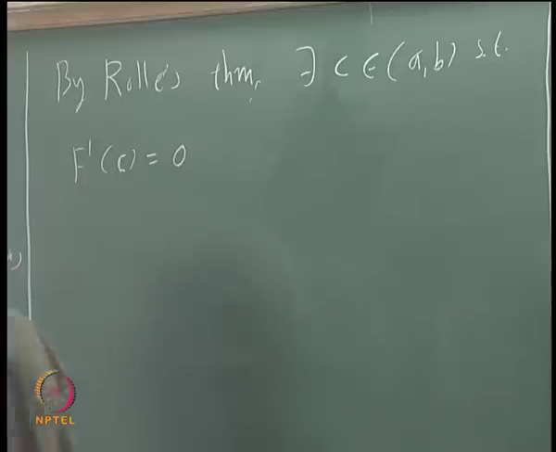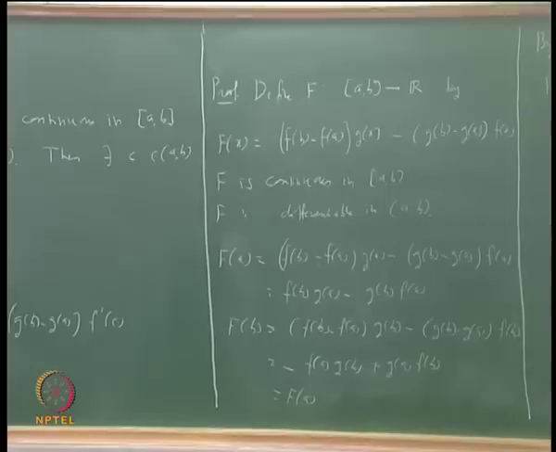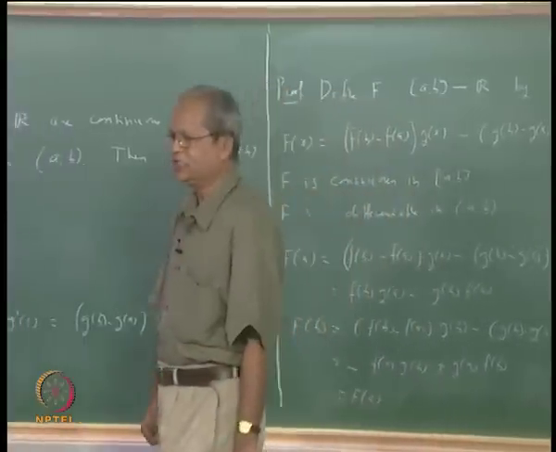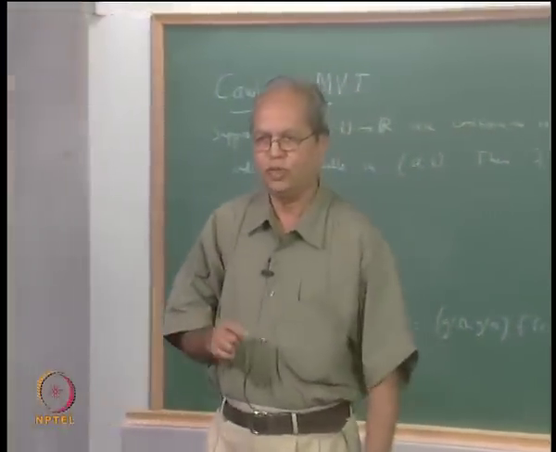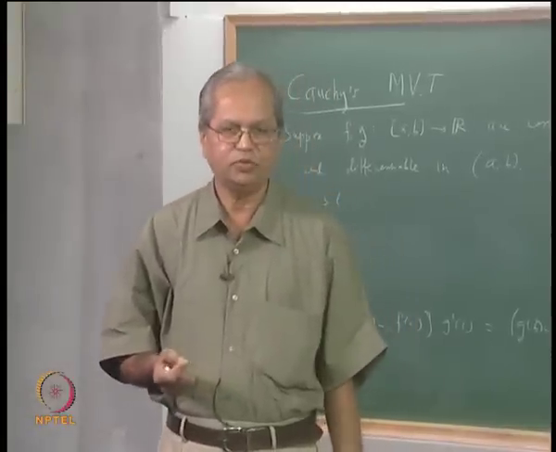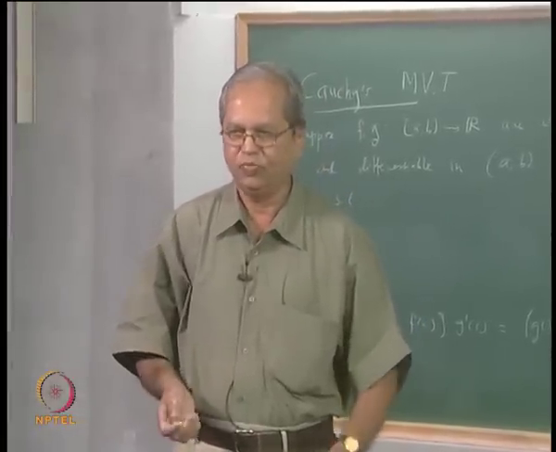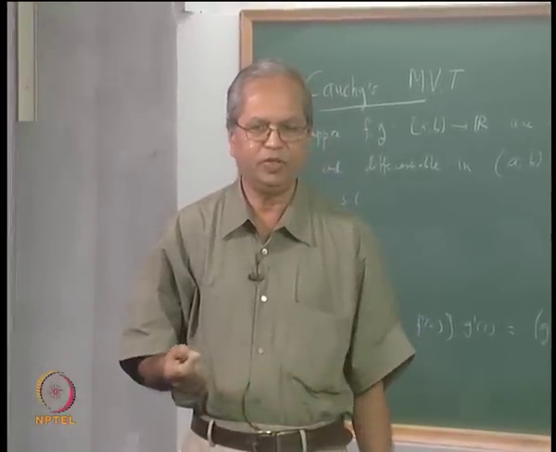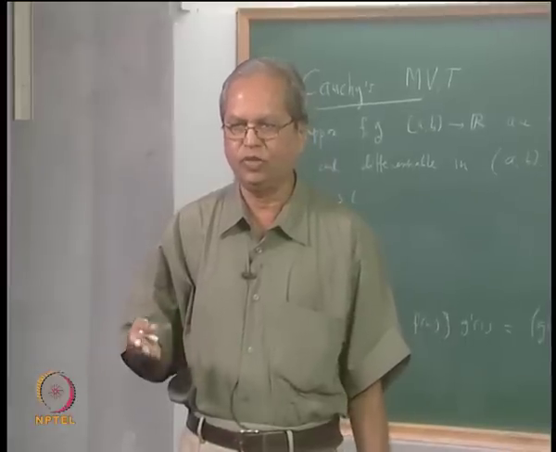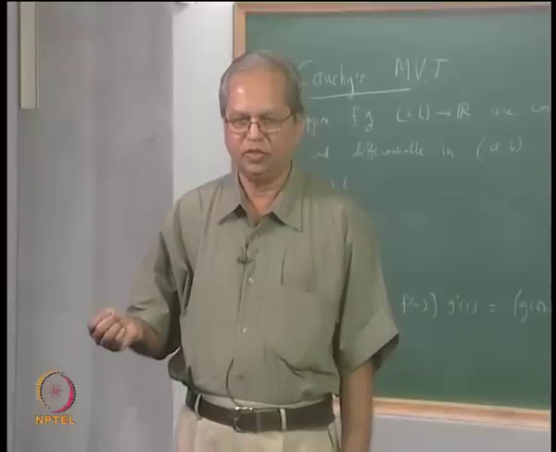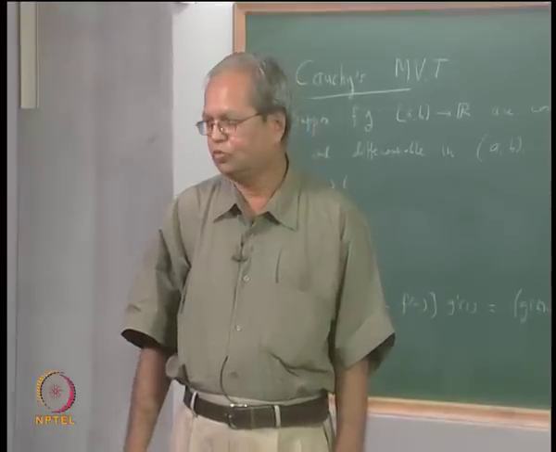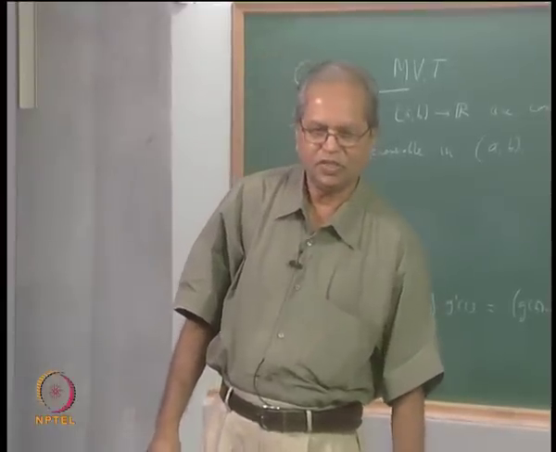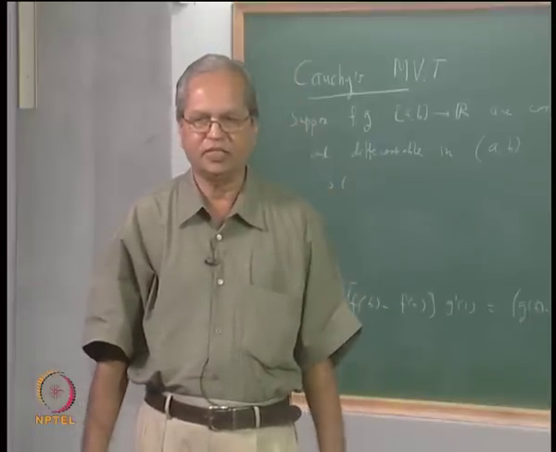Fine, you can say by Lagrange. But when we discussed Rolle's theorem, at that time itself we made a comment that f(a) equal to f(b) equal to 0 is not very crucial. For example, suppose f(a) equal to f(b) were some other value k, then you can consider the function f minus k, and that will be 0 at both the endpoints. All that really matters is that the values at a and b are the same.